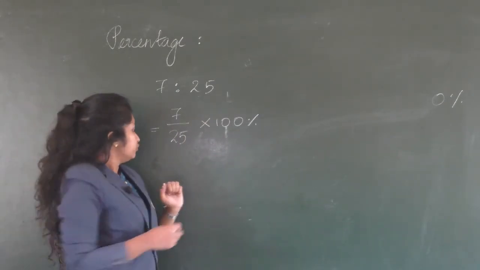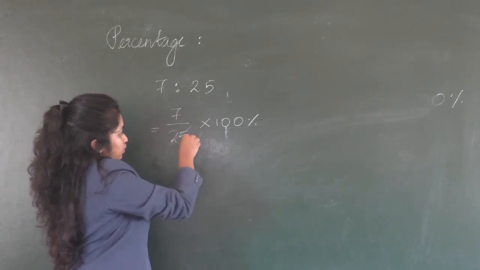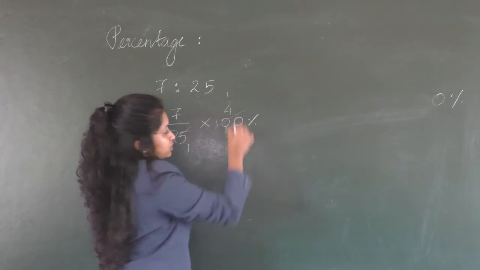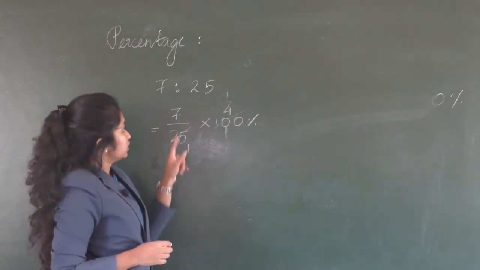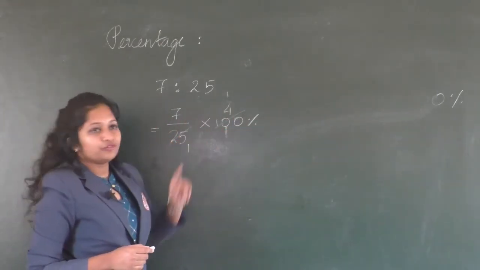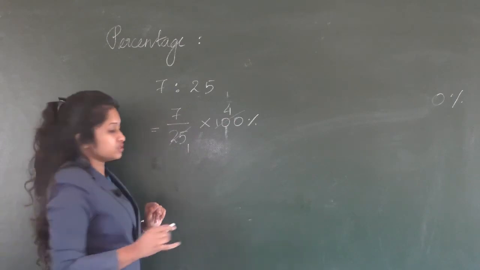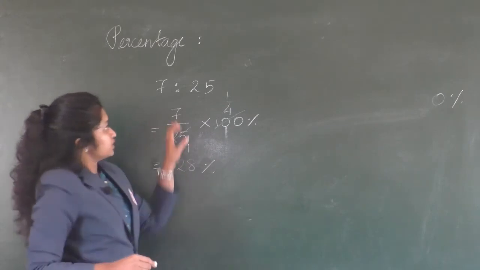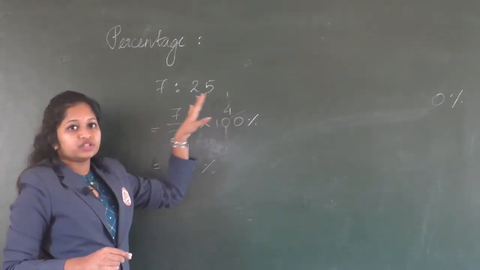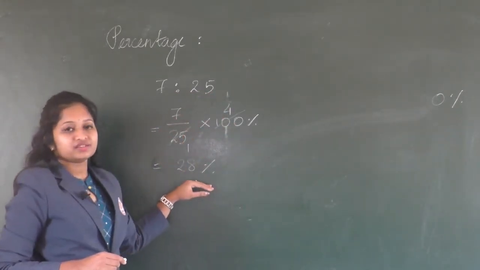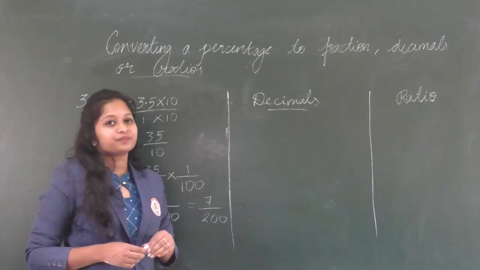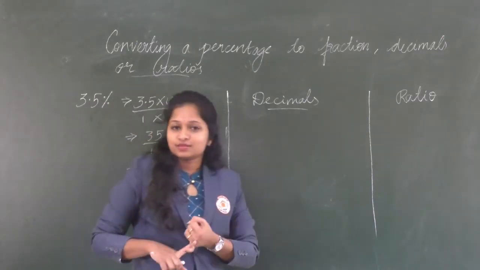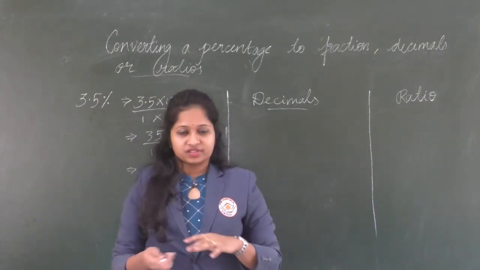Now we can do cancellation. That is 1 into 25 is 25 and 4 into 25 is 100. Now just multiply 7 and 4. 7 into 4 is 28. So 7:25 can be written in the form of percentage as 28 percentage. So children, we learn to convert fractions, decimals and ratios to percentage.